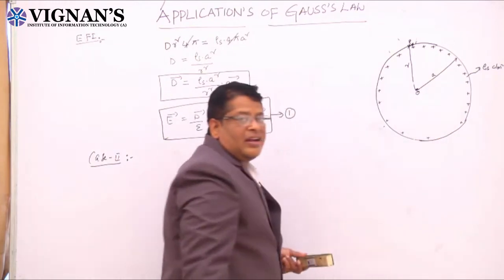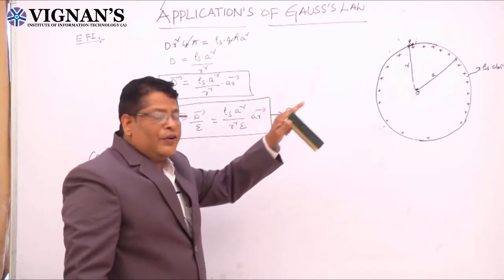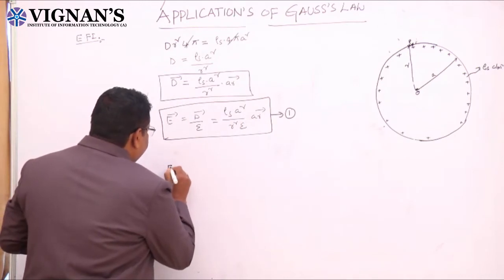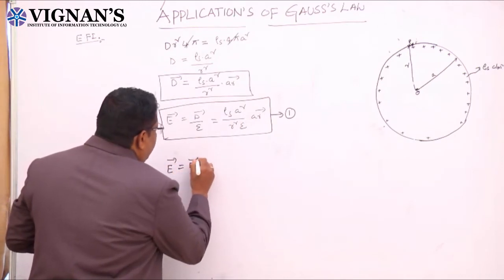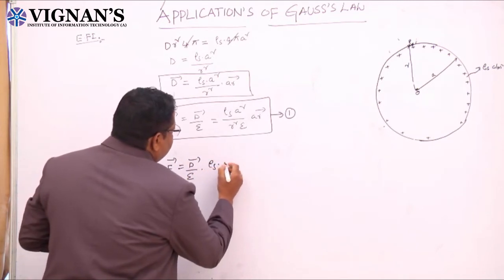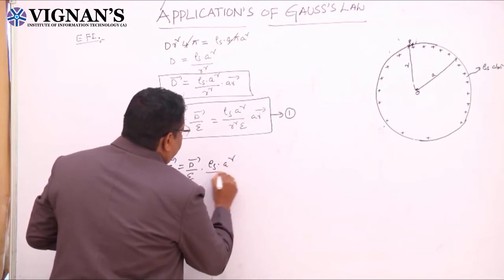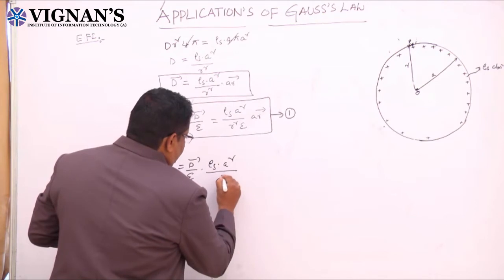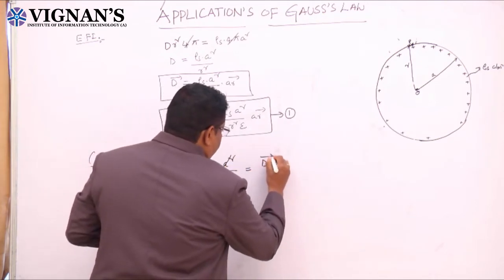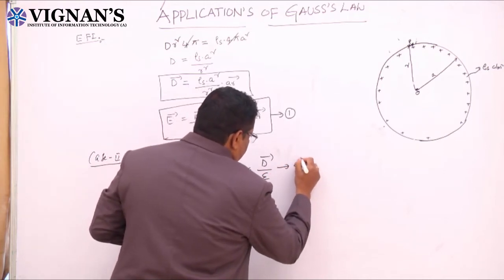See, in this expression, if we take in place of R, if we take the A, now E bar equal to d bar by epsilon, rho s a square by a square gets cancelled. This is equal to d bar by epsilon. This is the equation 2.